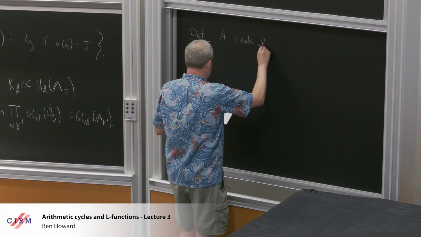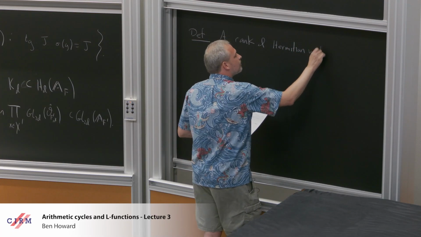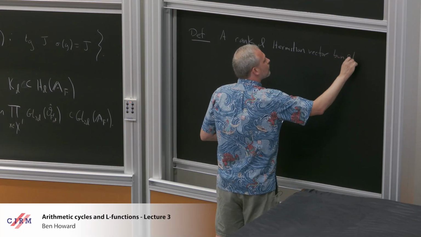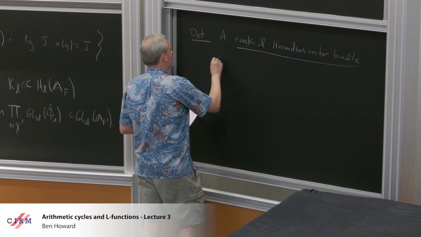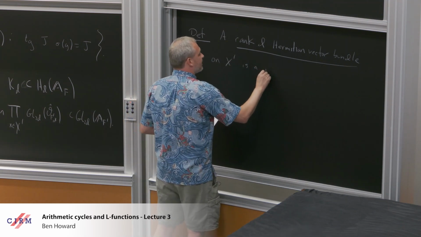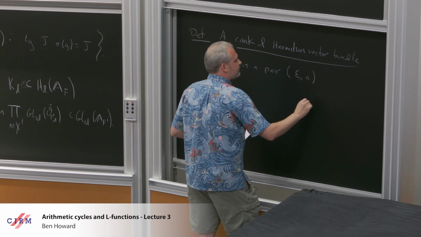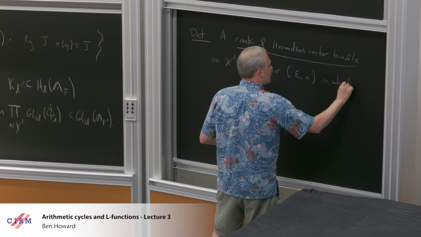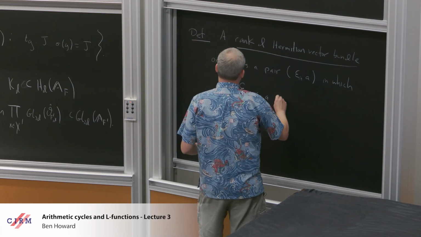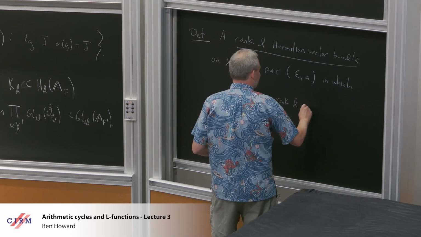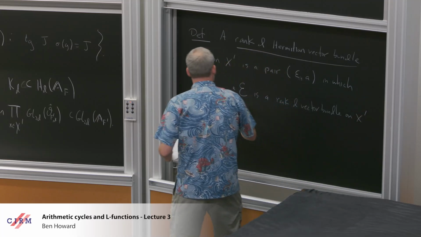A rank D Hermitian vector bundle on X' is a pair (E, A) in which E is just a rank D vector bundle on X'.